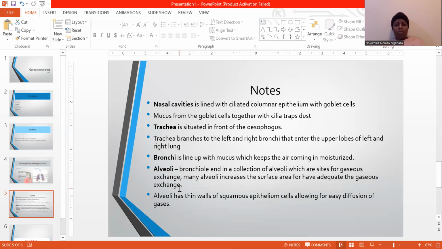Reason being, these squamous epithelium cells are the tissue fluid that keeps the wall of the alveoli moisturized for easy dissolving of gases. When we're looking at the alveoli, you're going to find out that they are surrounded by large capillaries.